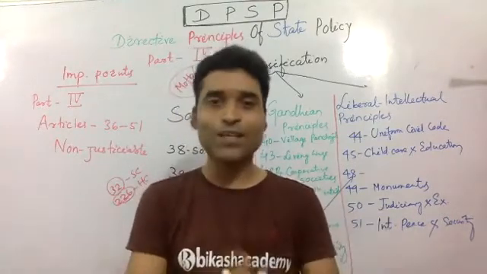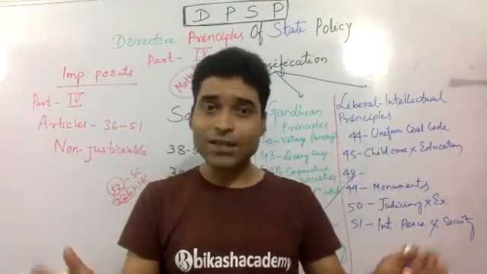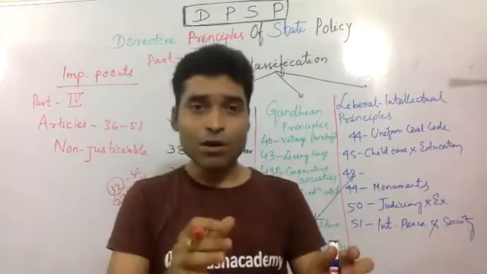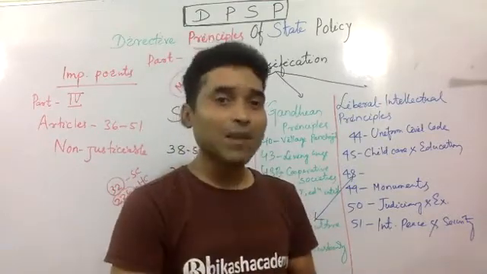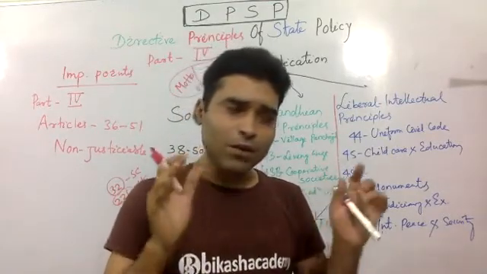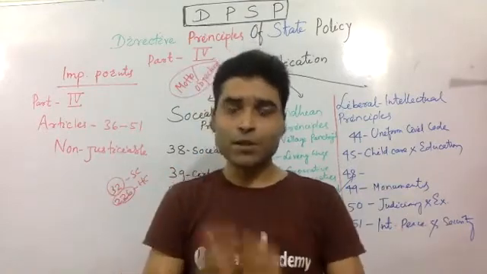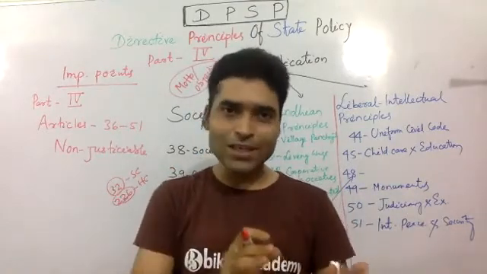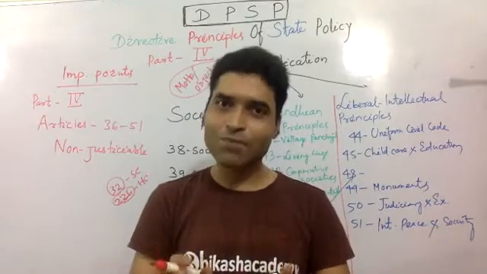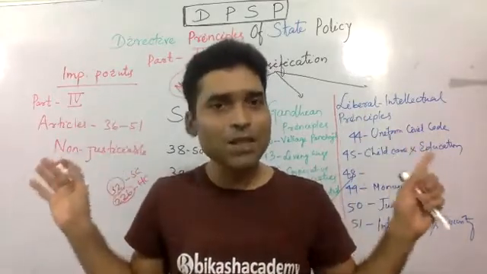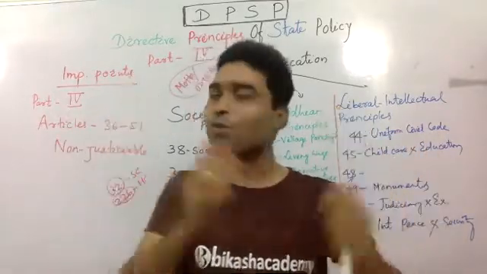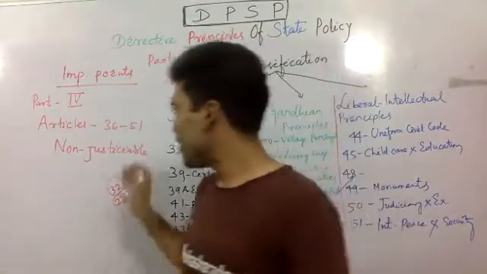India is not a police state. It is a welfare state for the development of all, for raising the standard of living for all, for all-round development. The government, while formulating policies, must keep these Directive Principles of State Policy in mind. I hope you got this point. Anyway, let's move on.